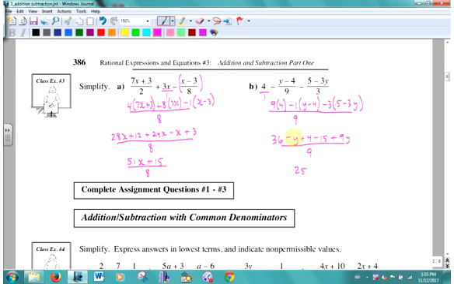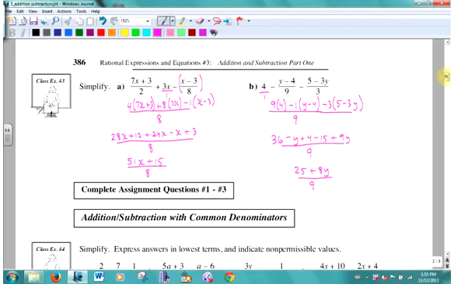Okay, minus 1y plus 9y, that's 8y over 9. And I think that one's done too. Does it matter what order these top ones are in? That's 8y plus 25 over 9, doesn't matter, okay? Yeah.